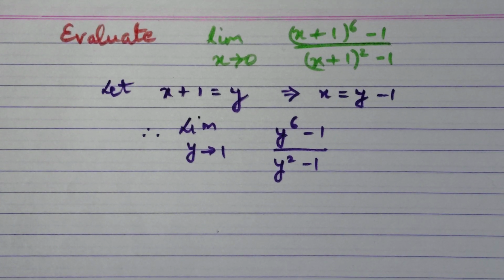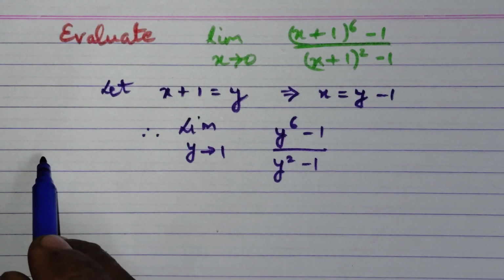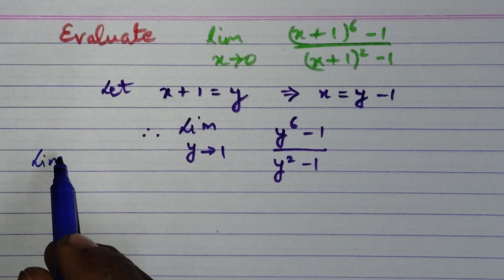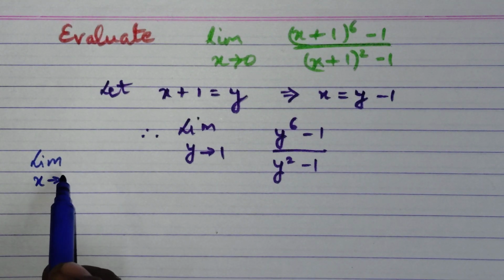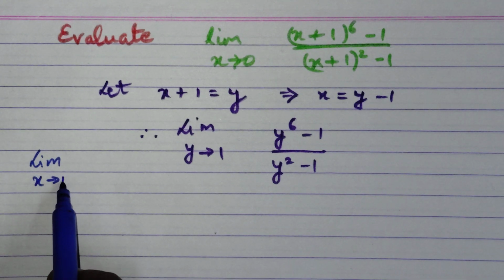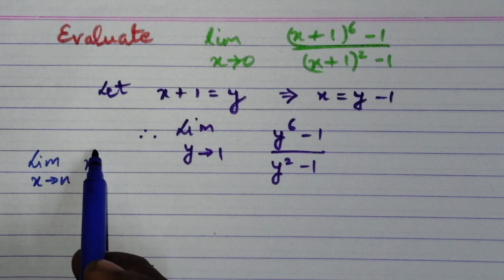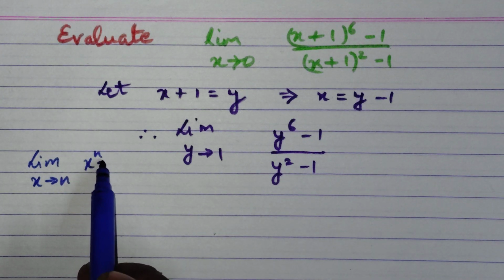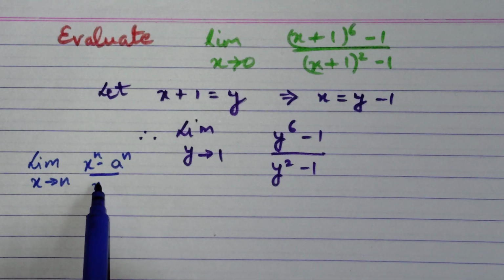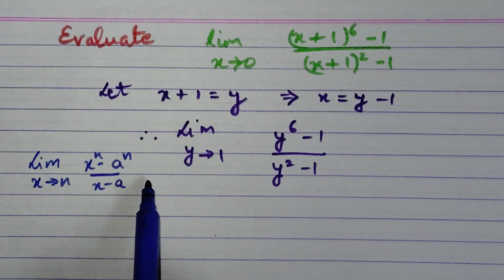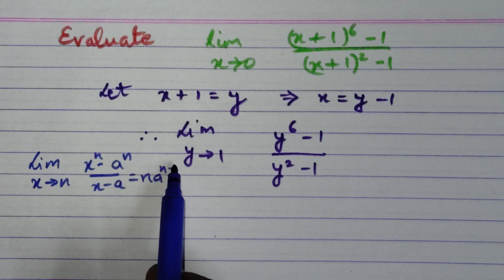Now what we do, we know that the formula of differentiation is limit x tends to a, x to the power n minus a raised to the power n upon x minus a, it is n a raised to the power n minus 1.